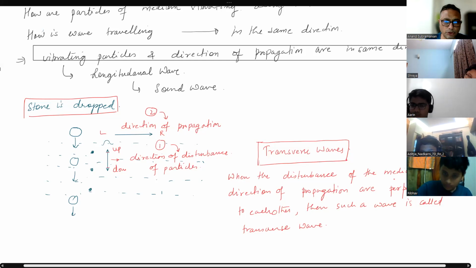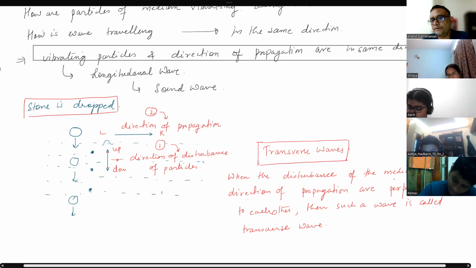So the ripple is going along the x-axis, whereas the water particles are jiggling up and down, perpendicular to the direction of propagation of the wave. So whenever the disturbance of the medium and the direction of propagation are perpendicular to each other, such wave motion is called a transverse wave. Example: the waves formed in a lake when a stone is dropped.